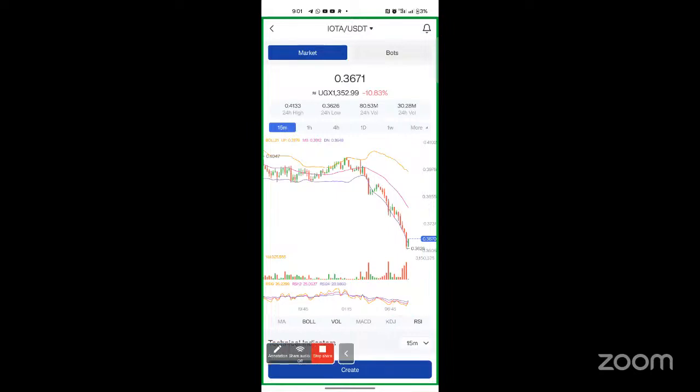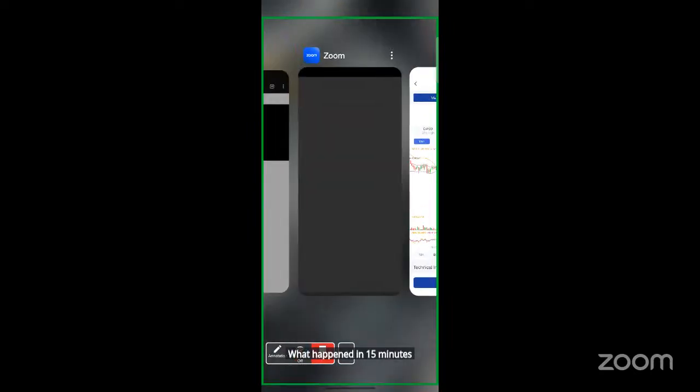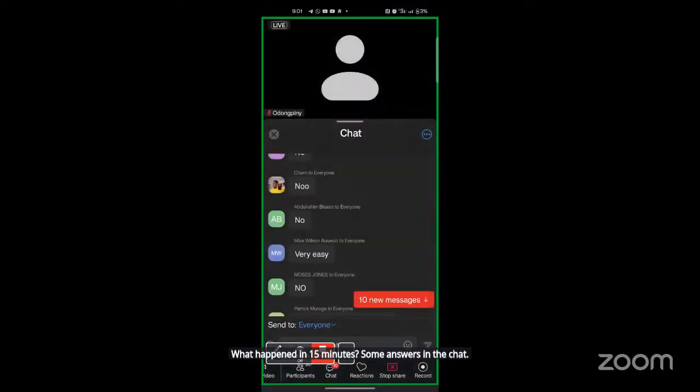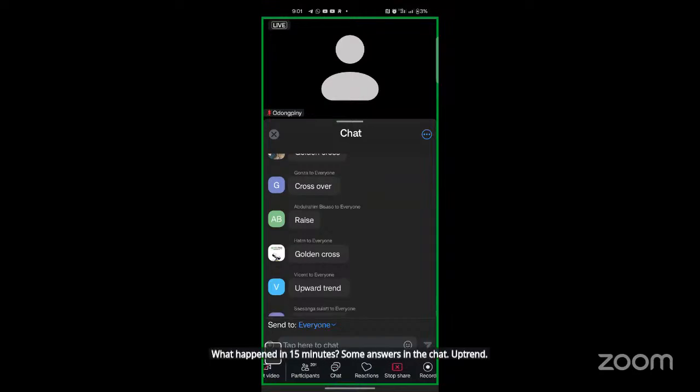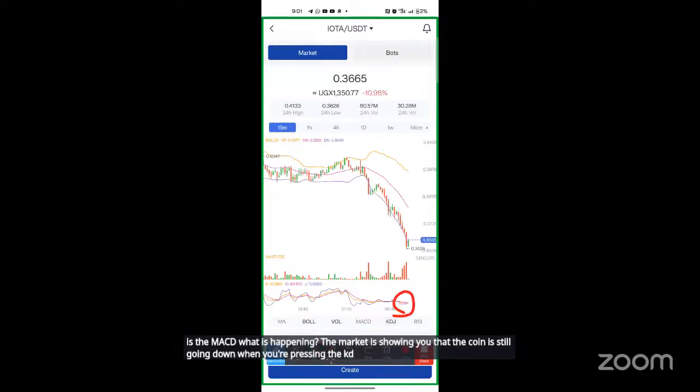In 15 minutes there is an uptrend showing you signs. The MACD is showing you that the coin is still going down. When you press in the KDJ, what is it trying to say?